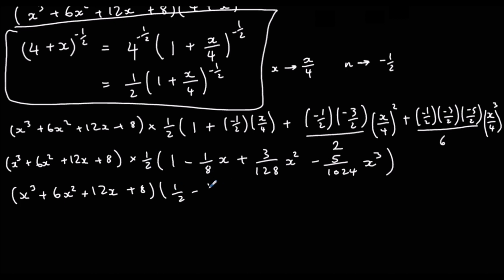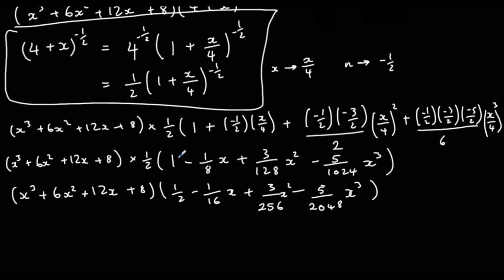Half of 1/8 is a 16th. Half of 3 over 128, so we're going to double the denominator. So that would be 256. And again, we're doubling the denominator. That's x squared. So it's 5 over 2048 x cubed.